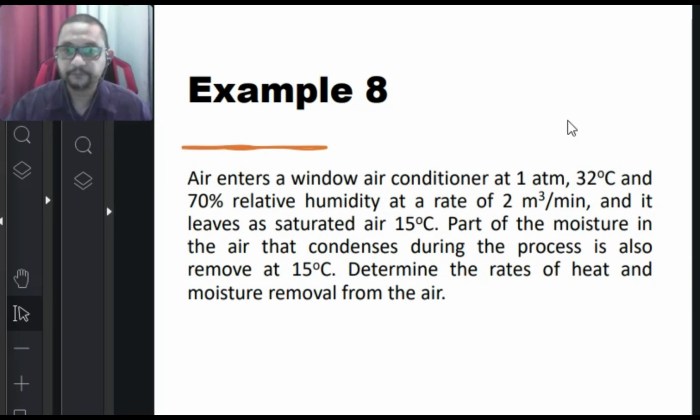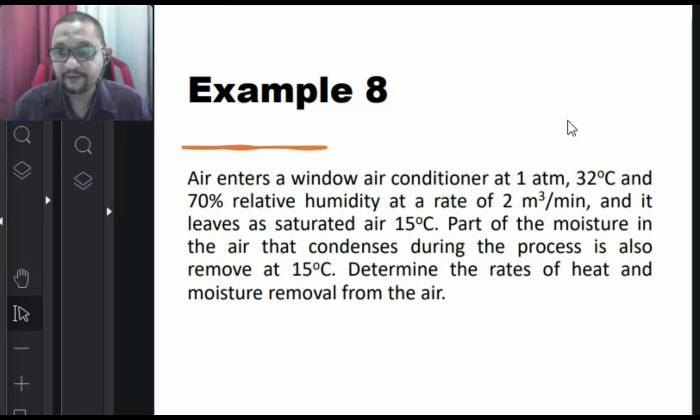Example: air enters a window air conditioner at 1 atm, 32 degrees Celsius and 70% relative humidity at the rate of 2 meter cube per minute, and it leaves as saturated air at 15 Celsius. Part of the moisture in the air that condenses during the process is also removed at 15 degrees Celsius.